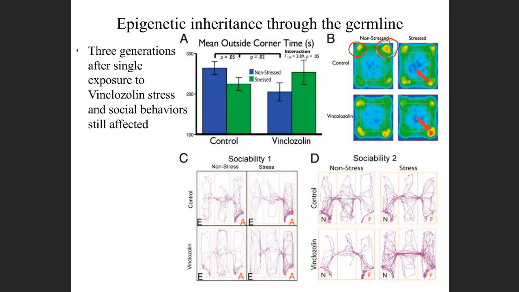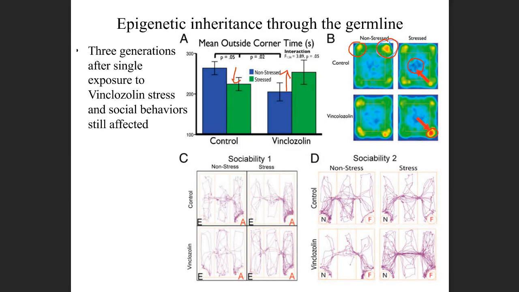They don't seem to have a preferred corner, and they're spending more time in the center. In contrast, you can see that here, outside corner time goes down in controls, but outside corner time goes up in vinclozolin exposed rats, tested here 3 generations later. So basically, yeah, they're hiding out in the corner.